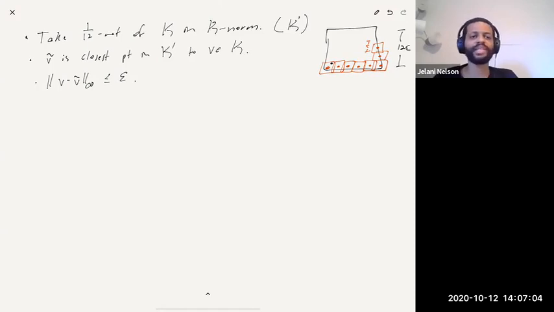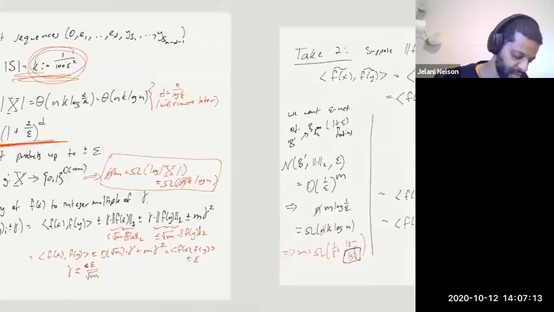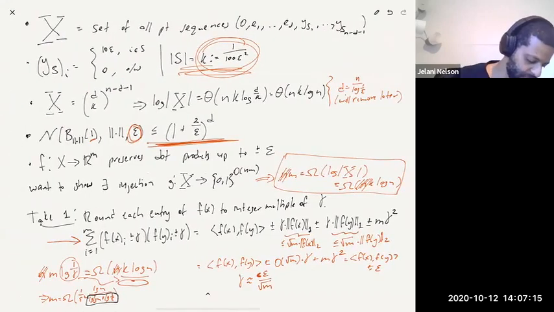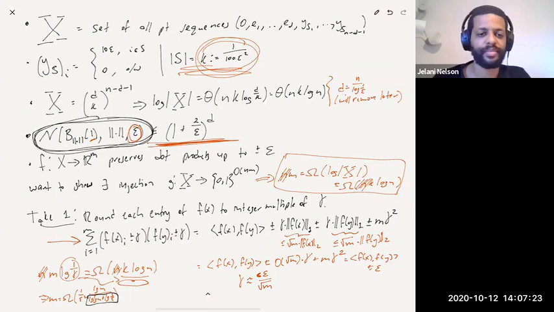So now, what's the size of a 1/12 net of K in the K norm? And magic, we can use this thing again. If you're covering the ball of a norm in its own norm, then the size of the net is roughly 1/epsilon to the dimension.